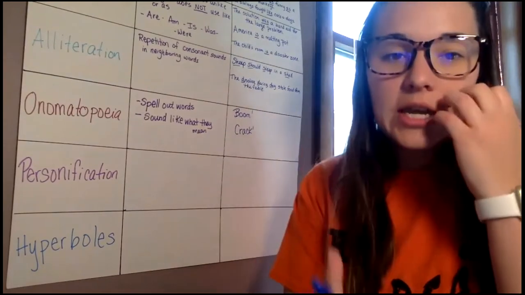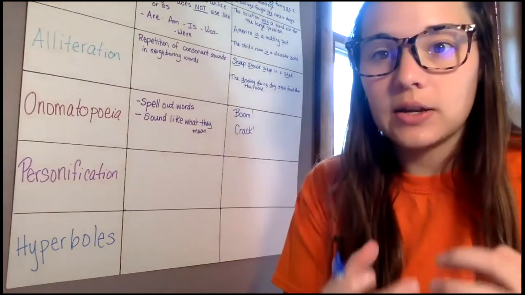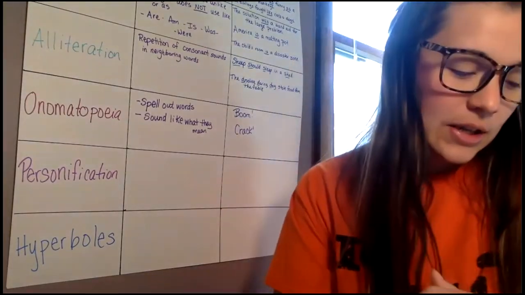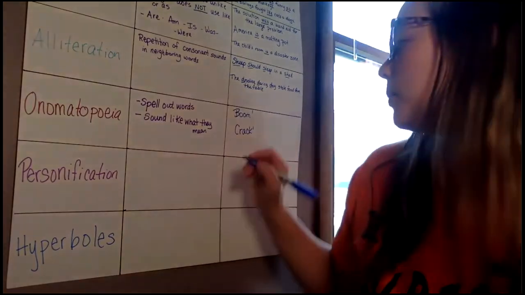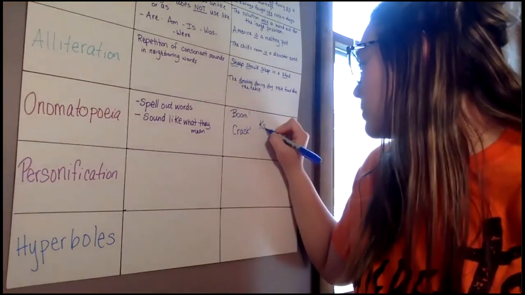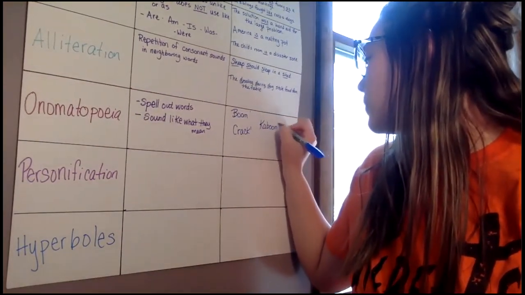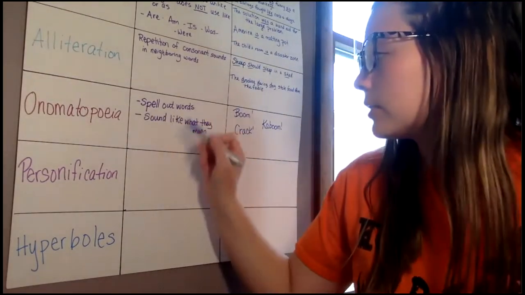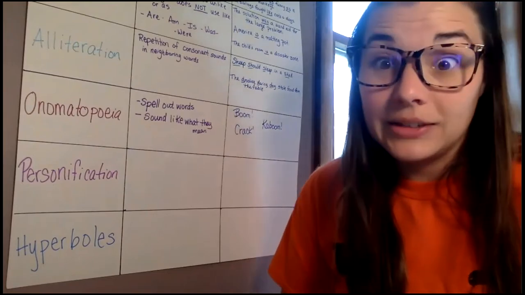It's like when you say the word, it sounds like what the word is. The sound sounds like the word, if that makes sense. Kaboom, even. So all those kinds of words are onomatopoeia. So again, they spell out the words and they sound like what they mean.